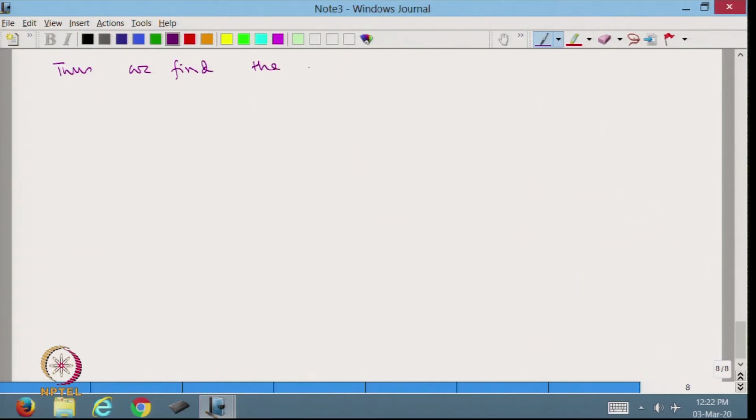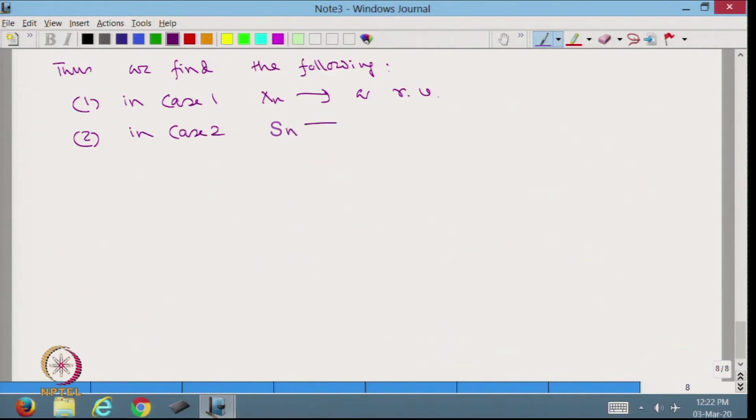Thus, we find the following. In case 1, x n converges to a random variable. In case 2, x n converges to a constant, which is p.